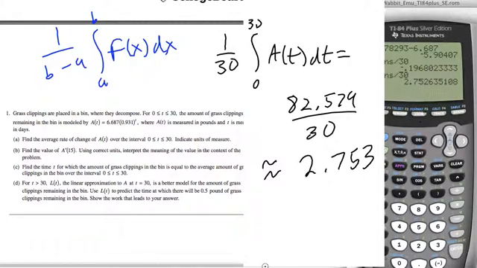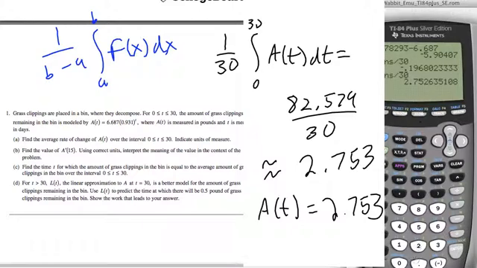Now we just have to find the time at which this is true. So I think the easiest way to do this, we could write it out as work. I don't think you have to write this. What we're going to do is set A of t equal to 2.753. It's not required, but it looks good.